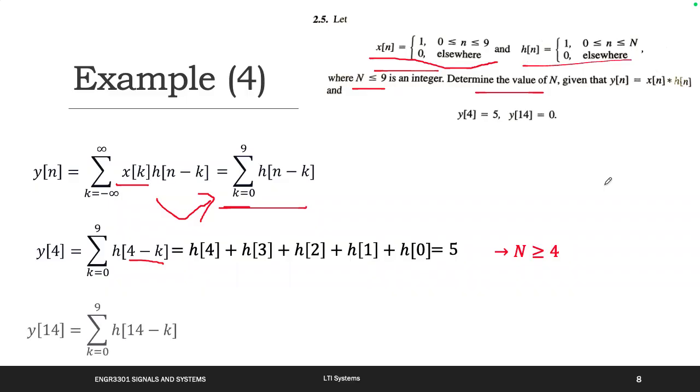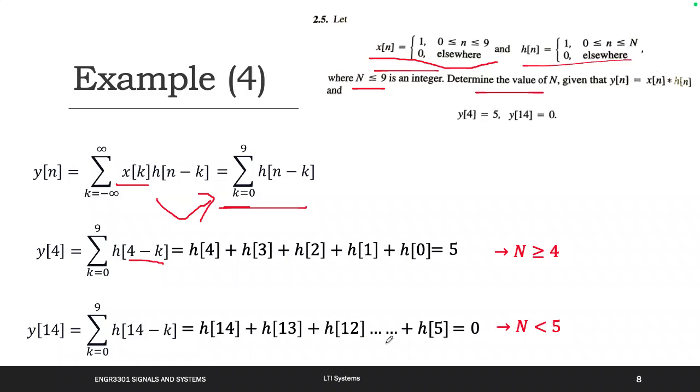And then for y[10], we have a similar equation, and we have this. It will equal 0, am I right? So which means, because all these items equal 0, this n should be smaller than 5. That makes sense to you?